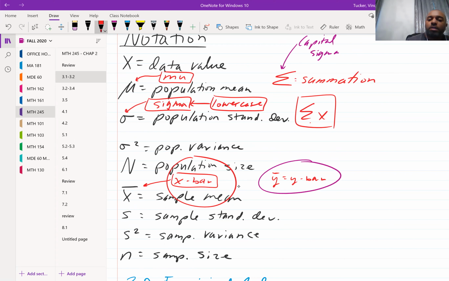This is X bar. All right, can we scroll up? Is everybody good?